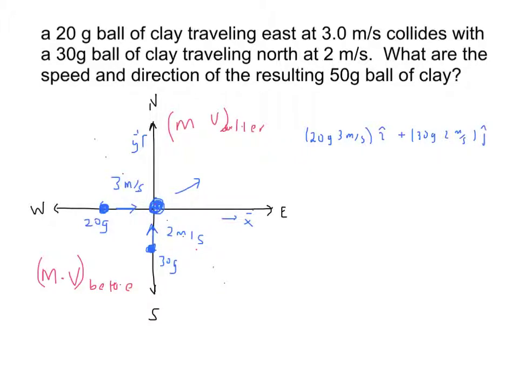The unit vector for y is j, and for x the unit vector is i. Unit means 1, so 1 unit in that direction is i, and for y it's j. So before they collide, the momentum is 20 grams times 3 meters per second in the x direction, plus 30 grams times 2 meters per second in the y direction. That has to equal the momentum after.